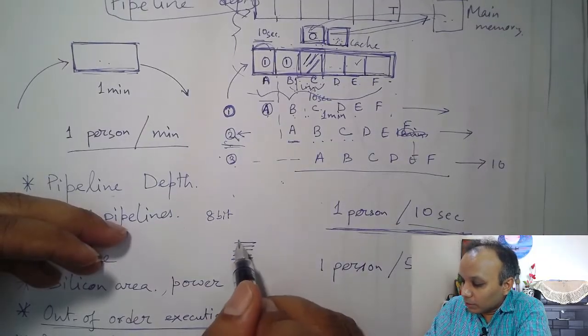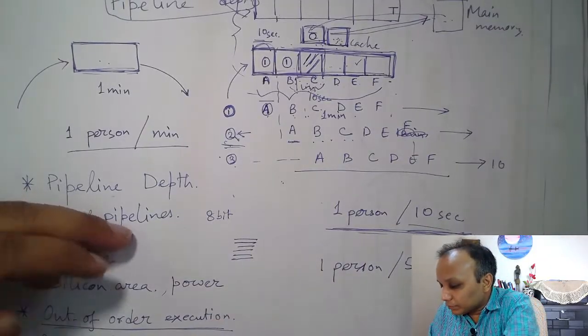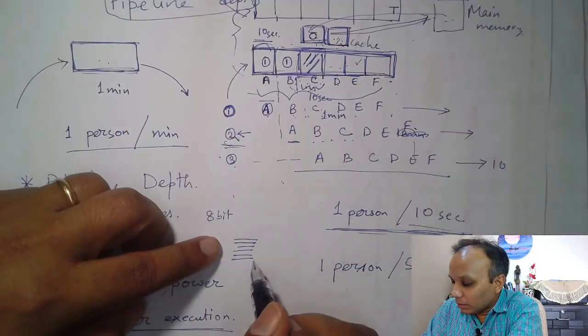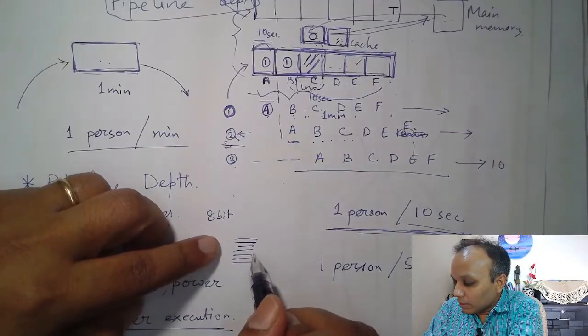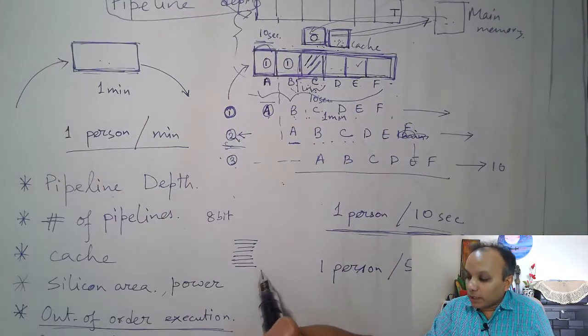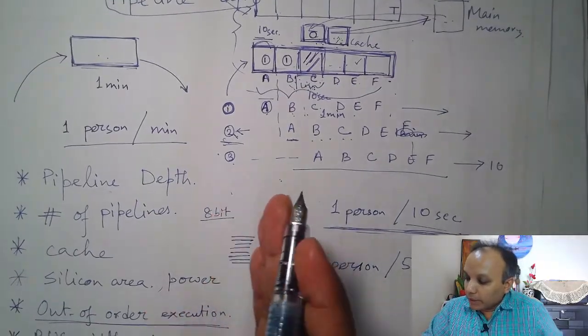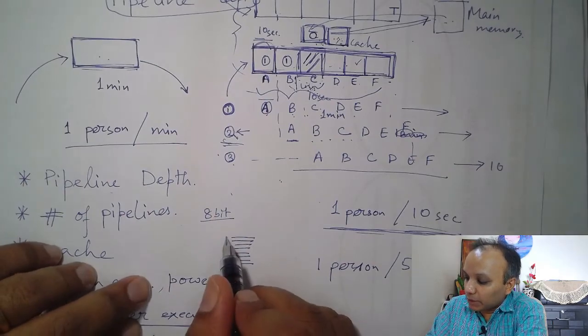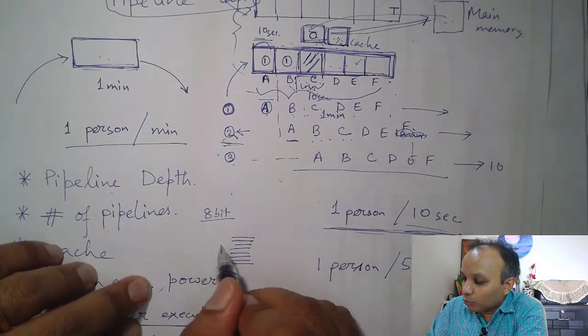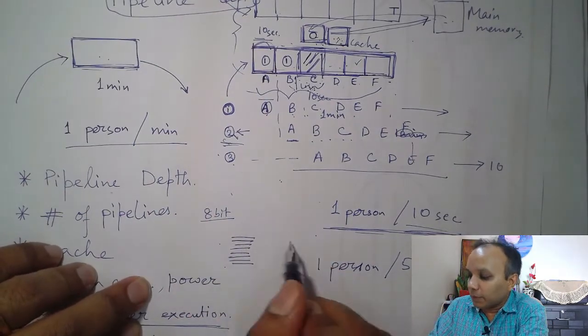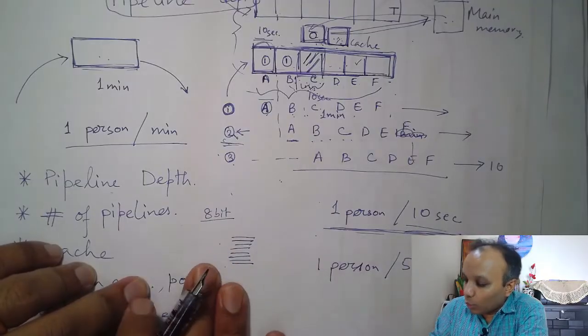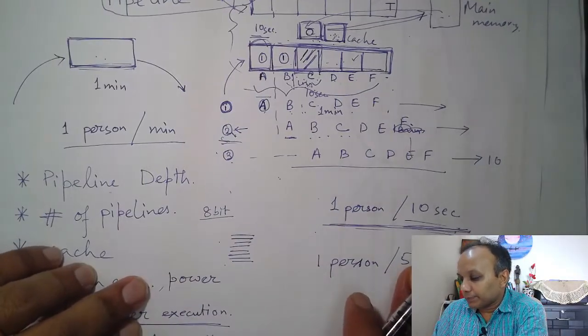I can transmit the data in one clock cycle from one node to another node, because I have a bus which can transmit all these 8 bits at a time.